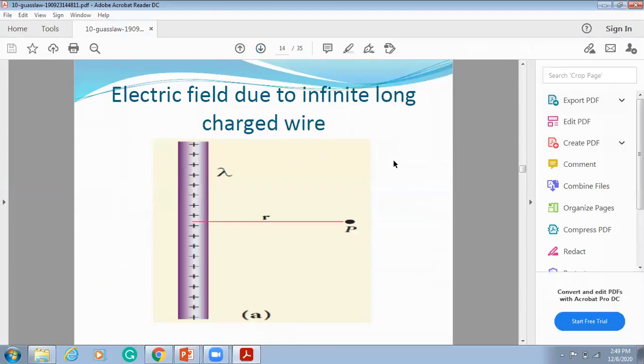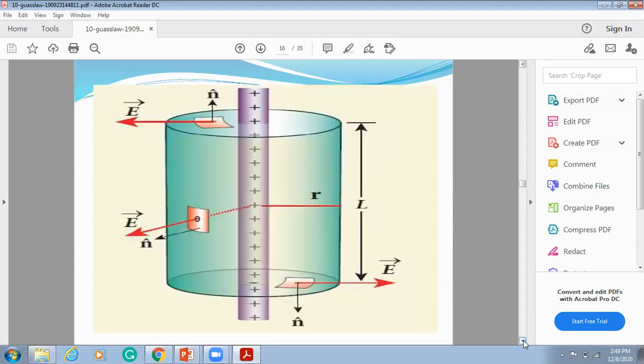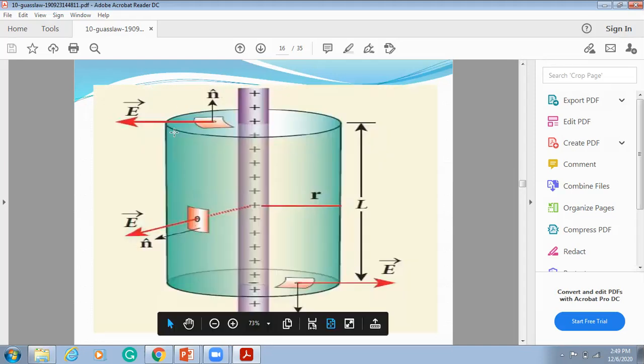This one, as we have already discussed. Is the screen visible to you? Yes, sir. So this one is the same. Again, see very clearly, this PowerPoint or PDF file is showing this.